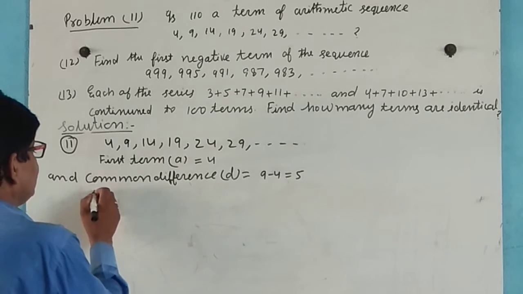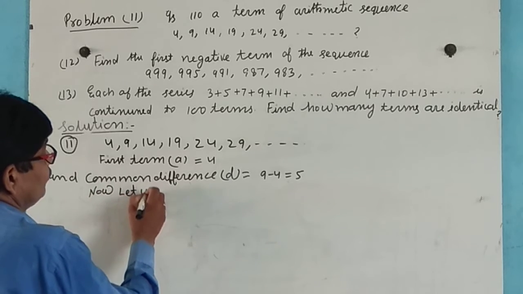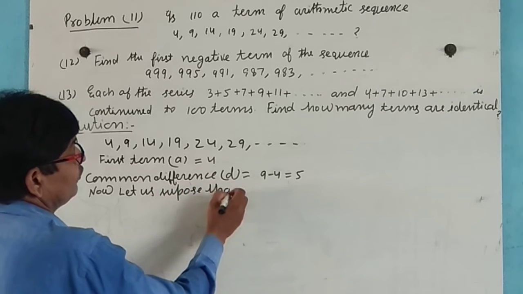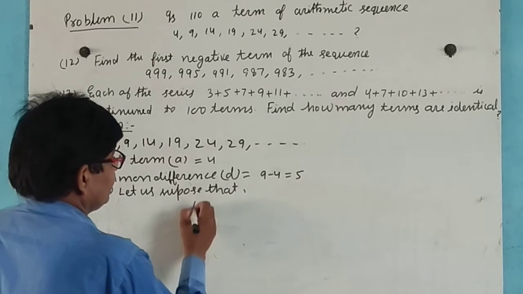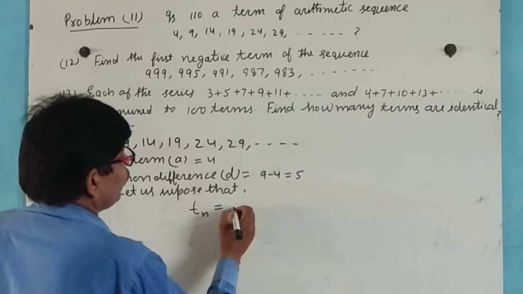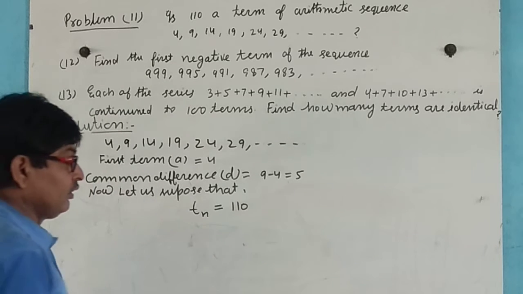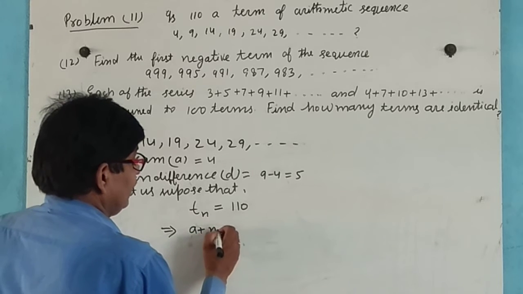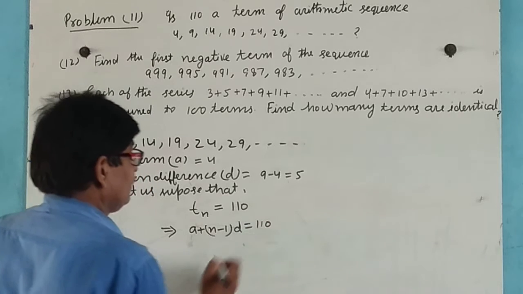Now let us suppose that the nth term of this sequence Tn equal to 110, so that nth term A plus n minus 1 into D equal to 110.